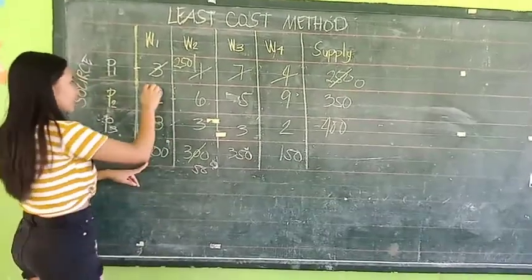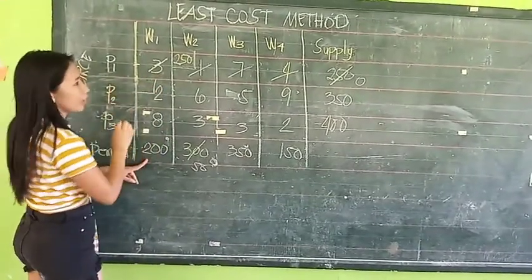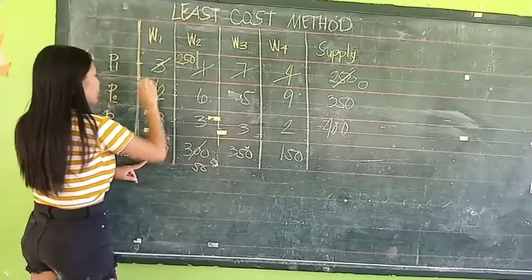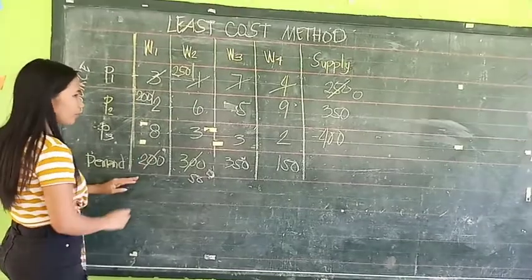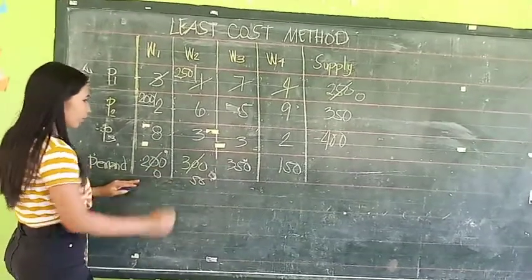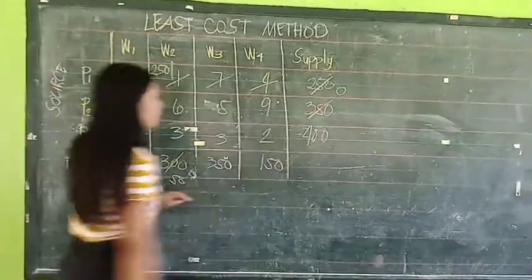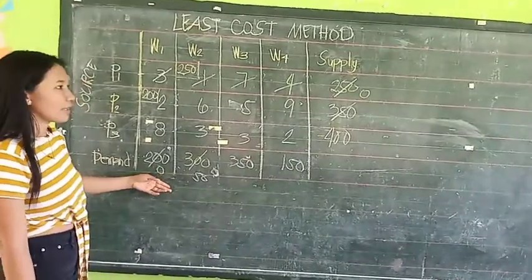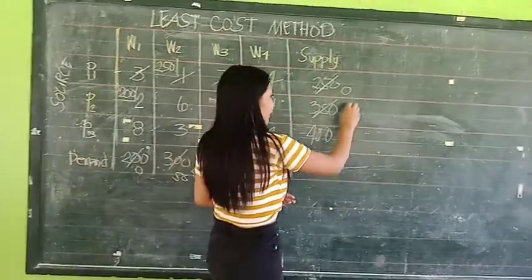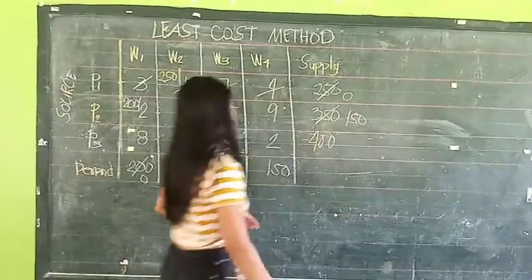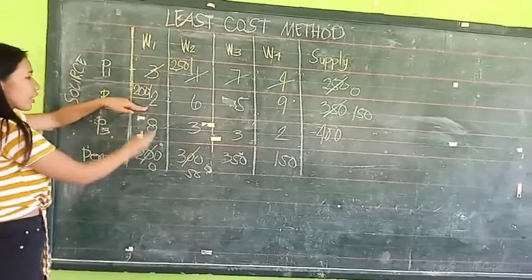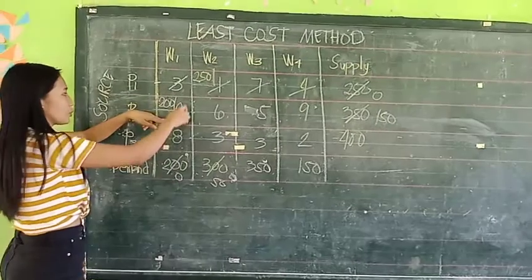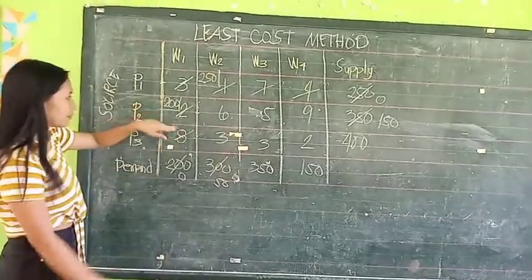So 200 is less than 350, so we need to allocate the 200 here, and 200 will be cancelled and become 0. 350 minus 200 will become 150.